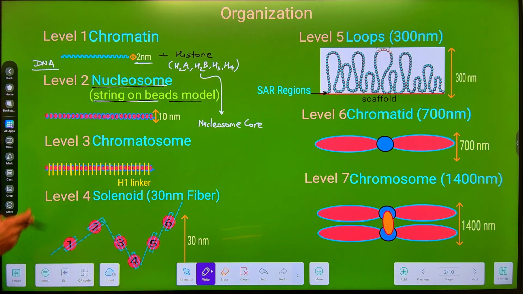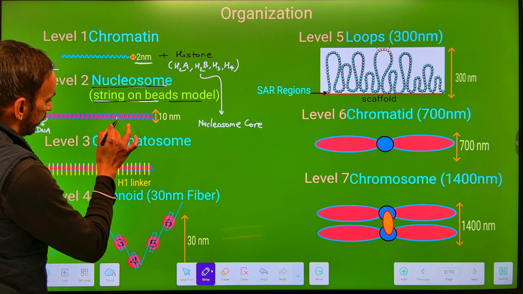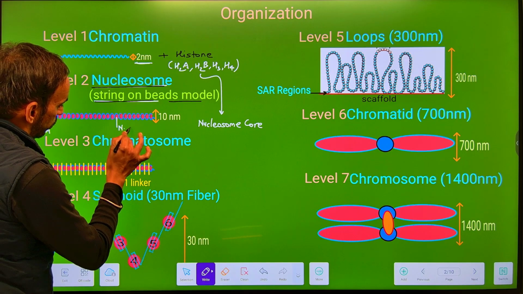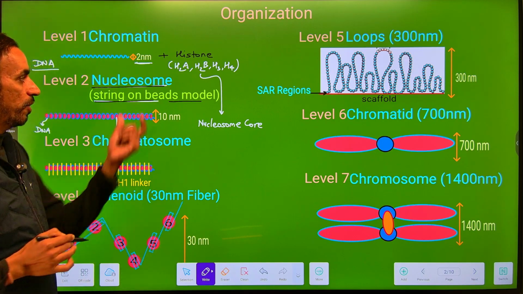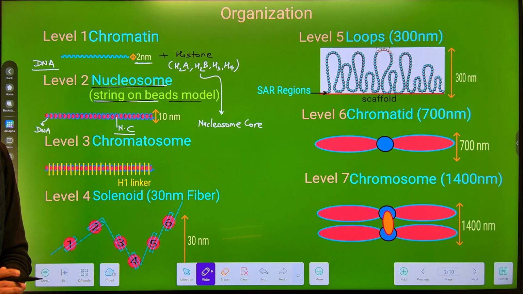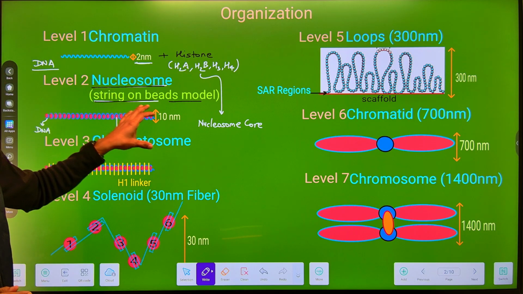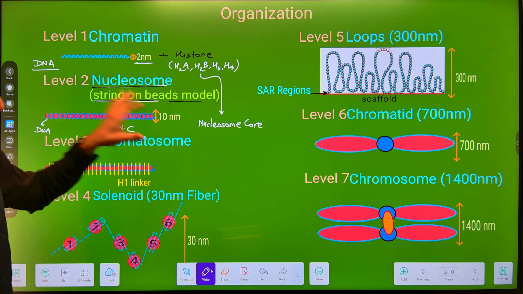So in this nucleosome we have two structures, one which is the DNA, while the other is the nucleosome core, which is made up of histone protein. Okay? So this is the second level of organization, which is known as the nucleosome.